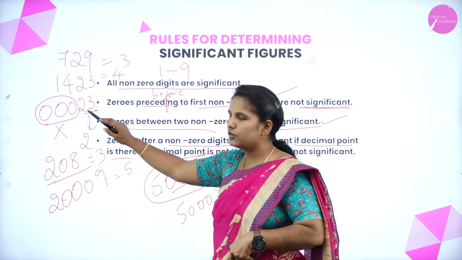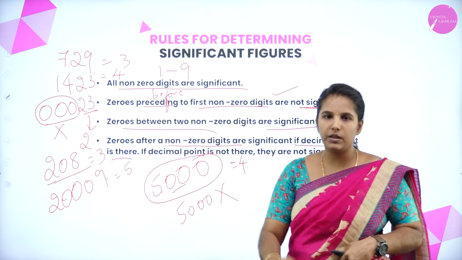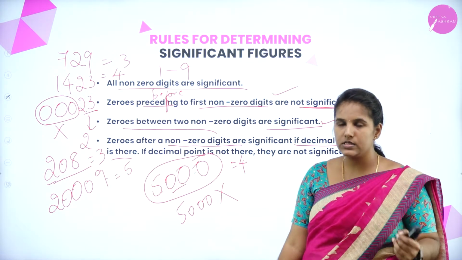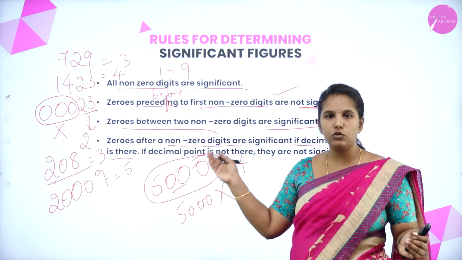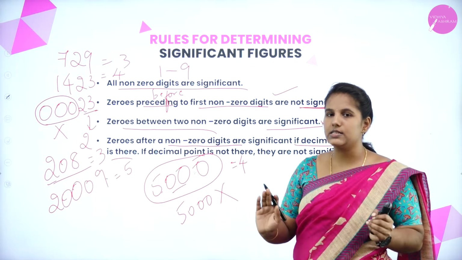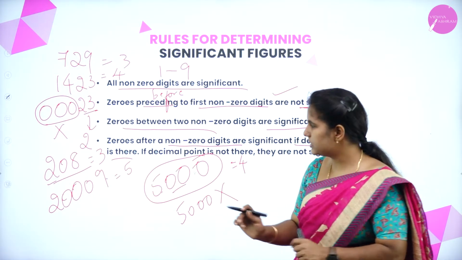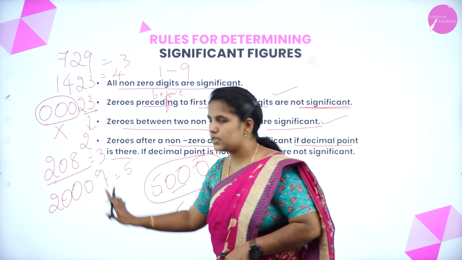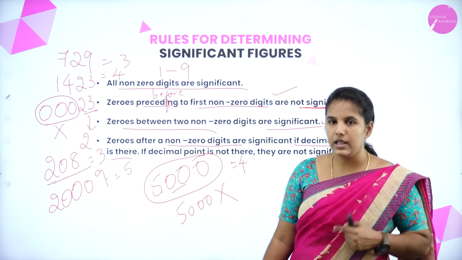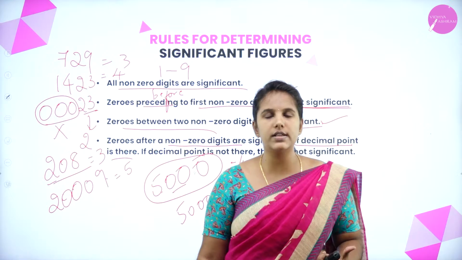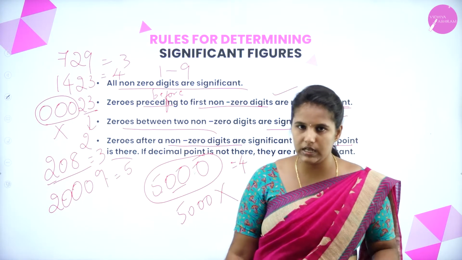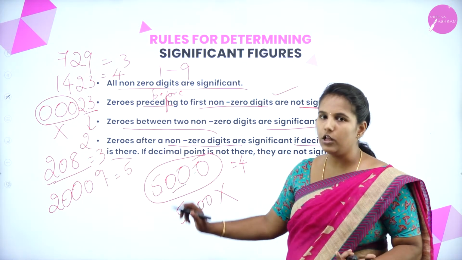Only the non-zero digits are considered and we report that as the number of significant figures. The third rule says that a zero present between 2 non-zero digits is significant. If it is present in between 2 non-zero digits, then it will be significant. So we have to report it.